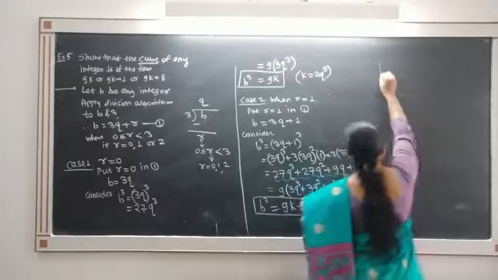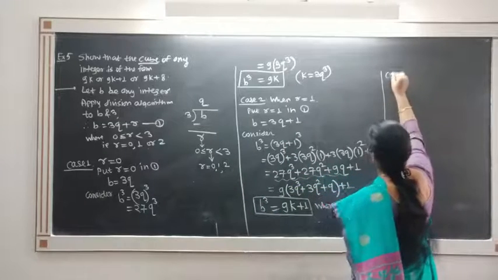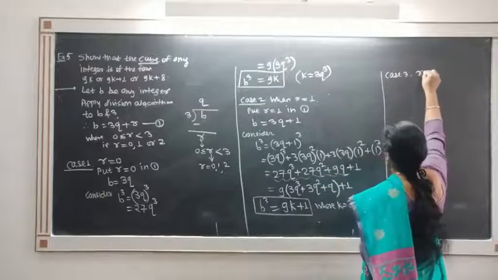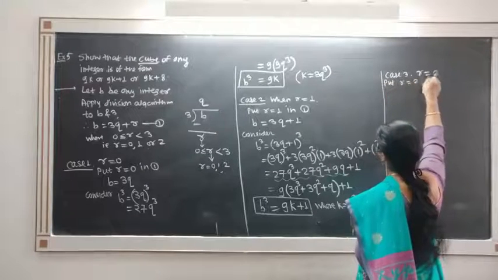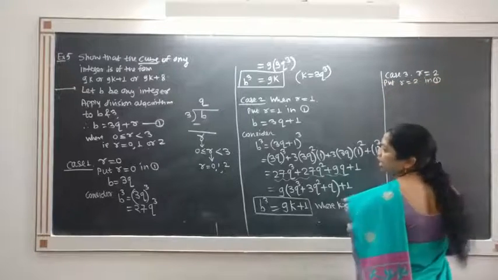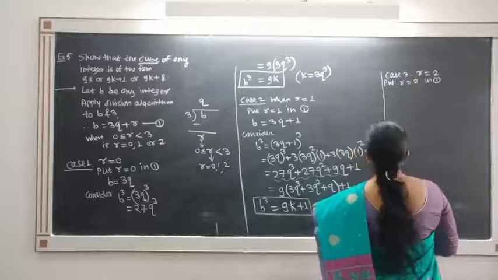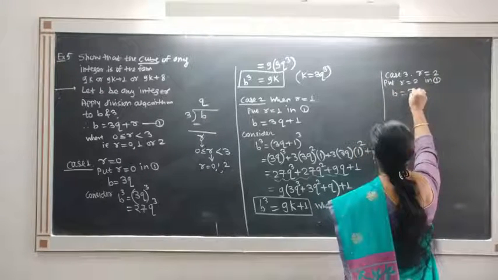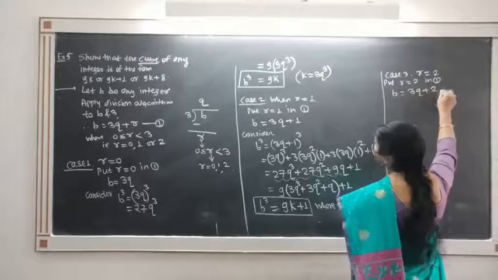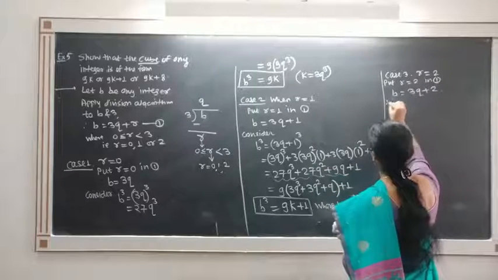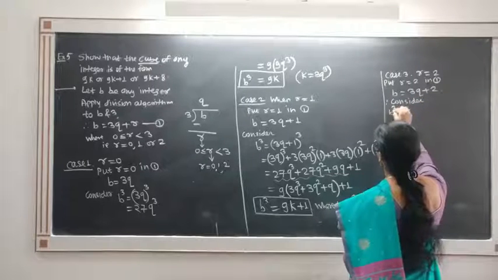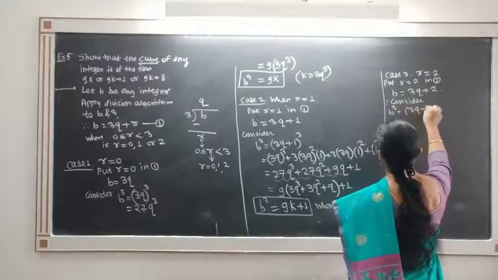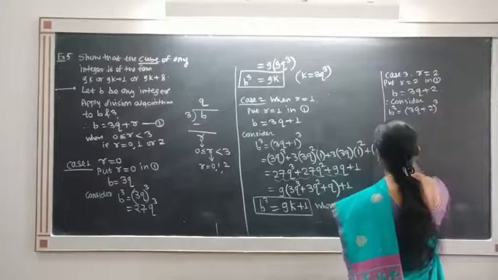Now consider the third case, case 3, when r is equal to 2. So put r is equal to 2 in equation 1. We have b is equal to 3q plus 2. Consider b cube. It is nothing but 3q plus 2 bracket cube.